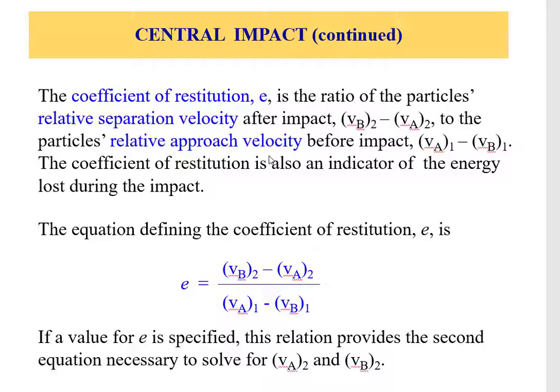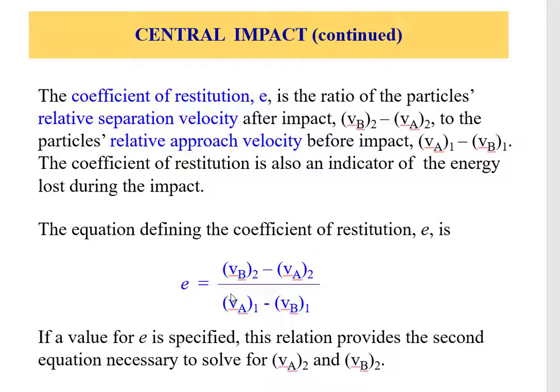And this is always less than or equal to 1. This equation is obtained from analyzing the momentum diagram of each body and then combining them with each other, and we end up with that definition.